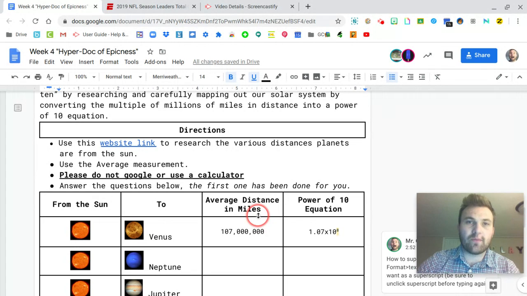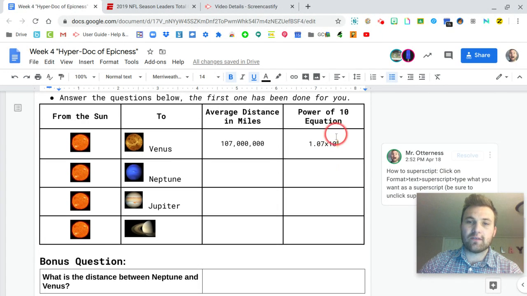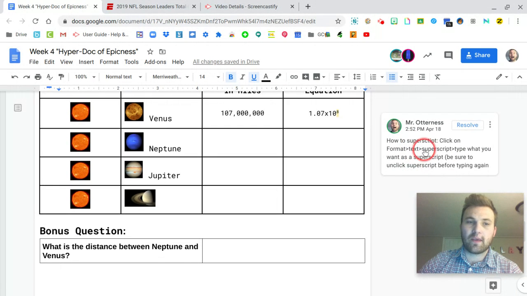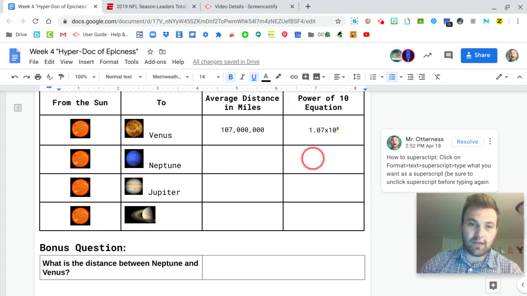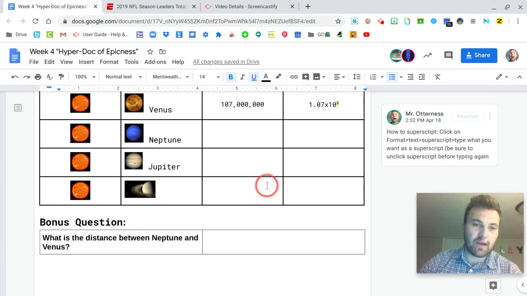All right, and if you're familiar with powers of 10, which you should be because you've worked on the skills, you've had the lesson, that's the outcome of this equation, right? 107 million, right? And then you're wondering, hey, how do I get that little superscript 8? I give you directions right here in this comment, okay? And then continue with these next few planets, all right?